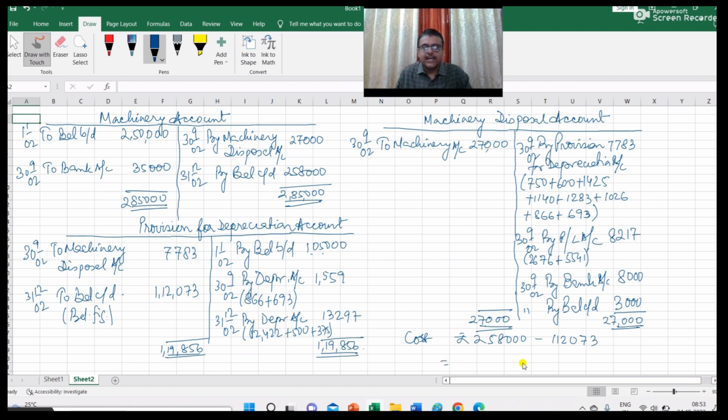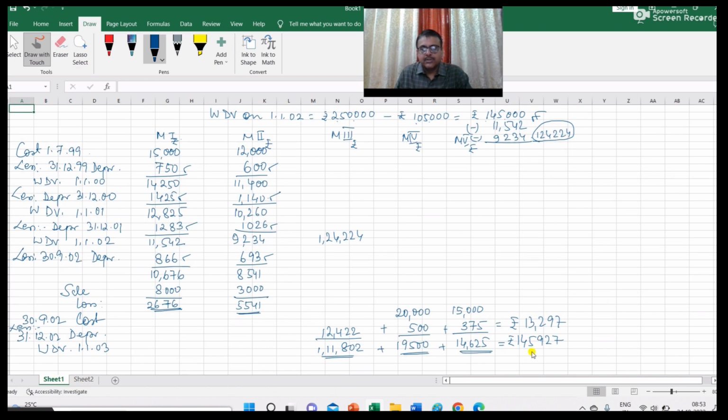So if you subtract 1,12,073 from 2,58,000, you will arrive at 1,45,927. And this is the written down value of the three machines on 1st January 2003. You can also see it here that 1,45,927 is the sum total of the written down value of the three machines on 1st January 2003.